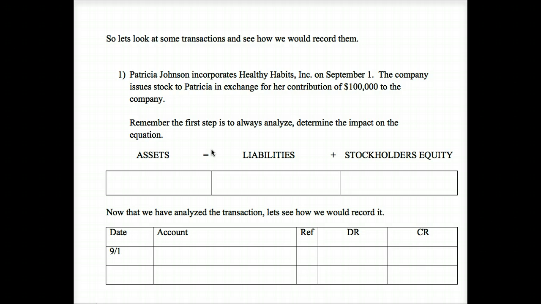So does a debit or a credit increase assets? Well, debit means left, so everything on the left side, which is our assets, is increased with a debit. Now credit means right. So what's on the right side? Liabilities and stockholders' equity.